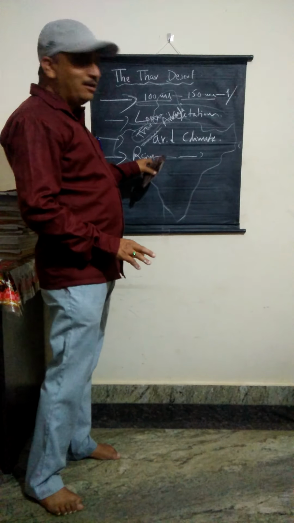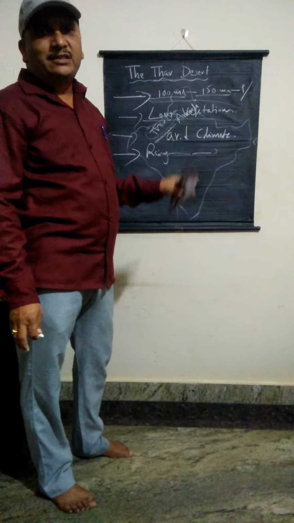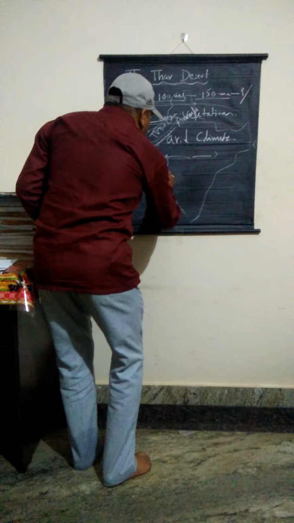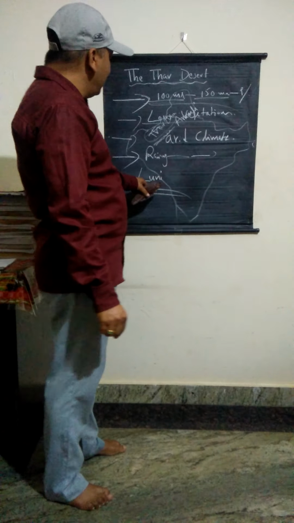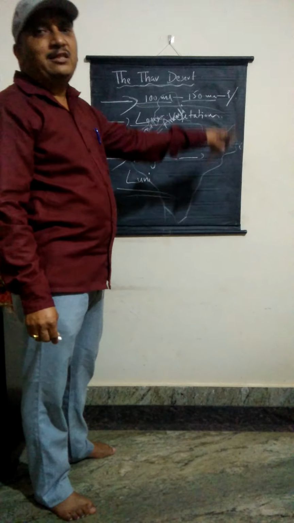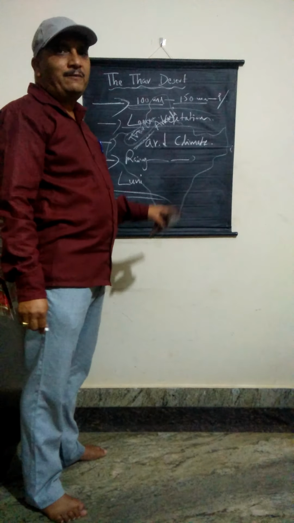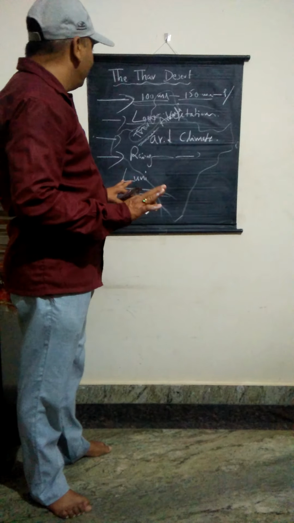The only river in the Thar Desert is the Luni River. The Luni River fills only the lakes in the Thar Desert. These small streams and the Luni River do not meet the ocean or seas.